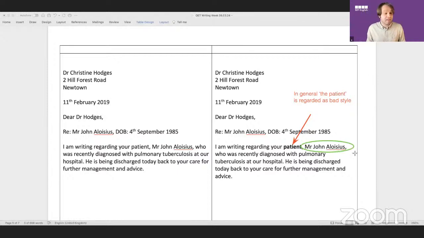The name is there. Yeah, but to mention patient, it's less respectful, Alan. And we have to write it in a very formal way. So patient is not accepted, or a little bit. It shows that you are just dealing with a patient, not with human beings.